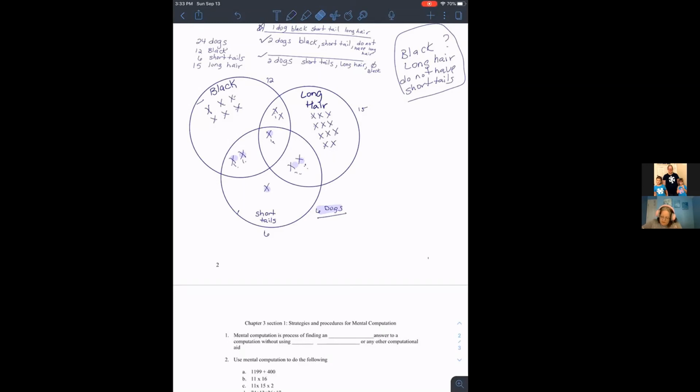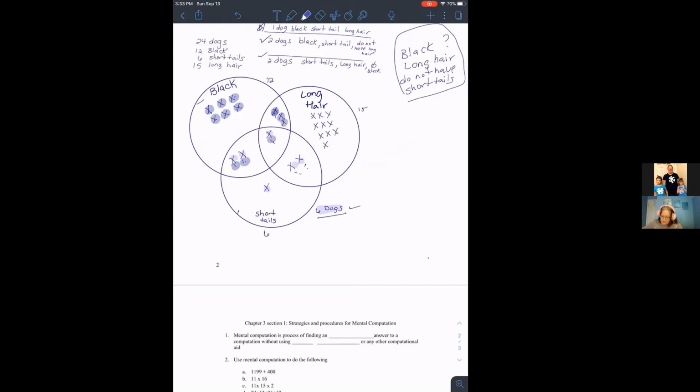So we have 6 short tails, 1, 2, 3, 4, 5, 6, forgot that. And then for the black, we have 1, 2, 3, 4, 5, 6, 7, 8, 9, 10, 11, 12.